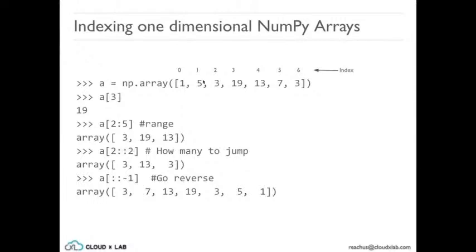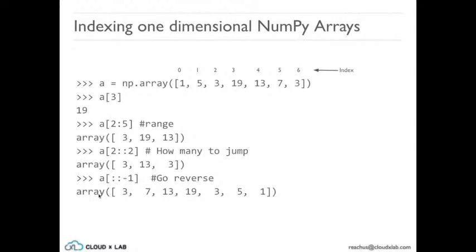If we execute that, what we get is we'll start from 2 and take 2 jumps. So you'll get 3, you'll get this value next, that's 13, and you'll get this value next, that's 3. So that's how this would work. Okay, so these are essentially slicing of arrays. This is the whole concept of slicing of arrays. You can do that. We'll be talking about slices more clearly.